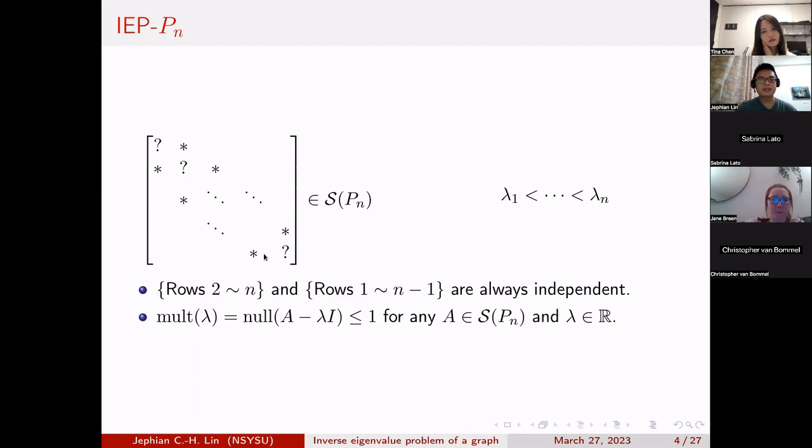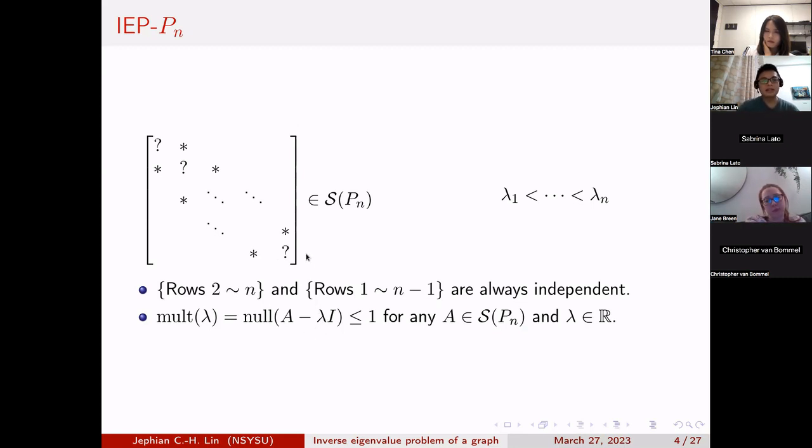You give me a matrix A, then I shift the diagonal by lambda, so it becomes A minus lambda I, and this matrix is still a matrix in S of Pn. So by the same reasoning, the nullity of this one is less than or equal to 1, which is actually the multiplicity of eigenvalue lambda.